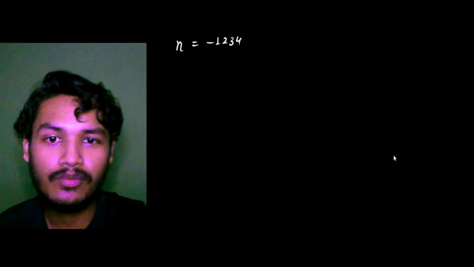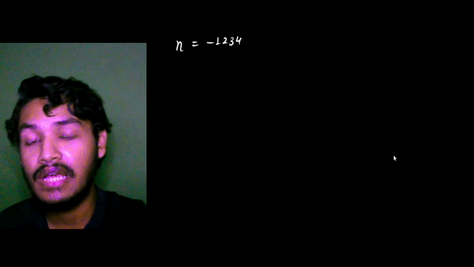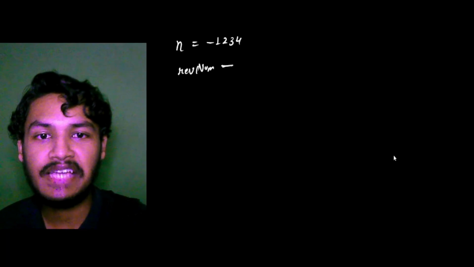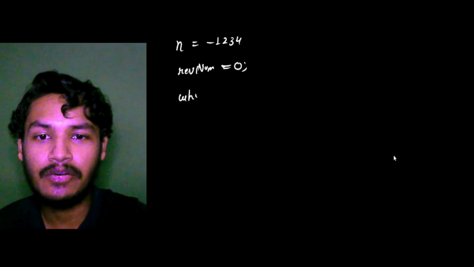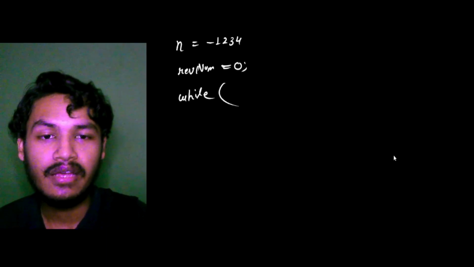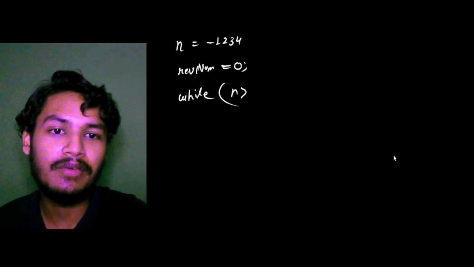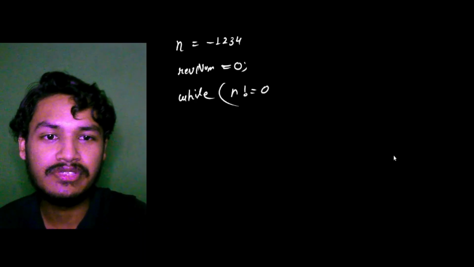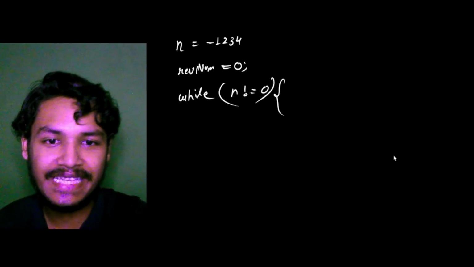So what was the pseudocode? Reverse number initialized with 0. We were running a while loop. The condition was n is greater than 0. Now we will say that n is not equal to 0, and the remaining code will be the same.